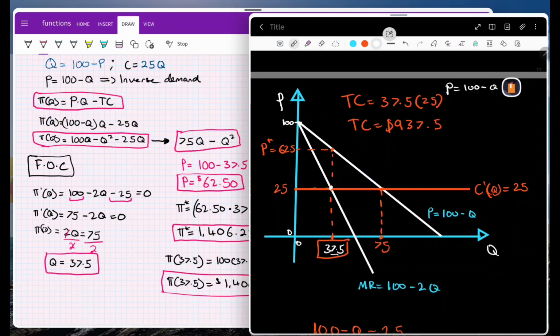And by equal, we mean that is the intersection point. Graphically, that's your intersection point, where your marginal revenue is equal to your marginal cost.